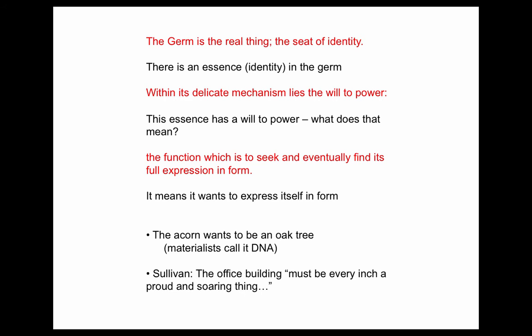Within its delicate mechanism lies will to power. This essence has a will to power. What does that mean? It means it wants to express itself in form. I don't want to sit around being an acorn. I want to be a mighty oak tree. Oh, that one didn't make it. Somebody stepped on it. The acorn wants to be an oak tree. Materialists call that DNA. Sullivan says, the office building must be every inch a proud and soaring thing.